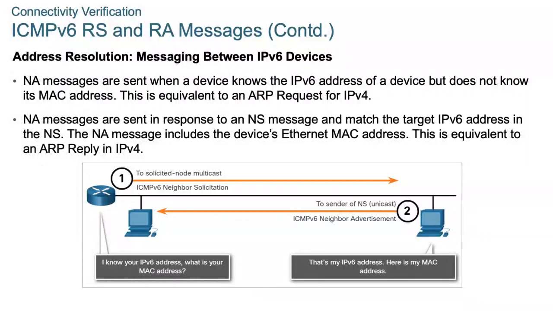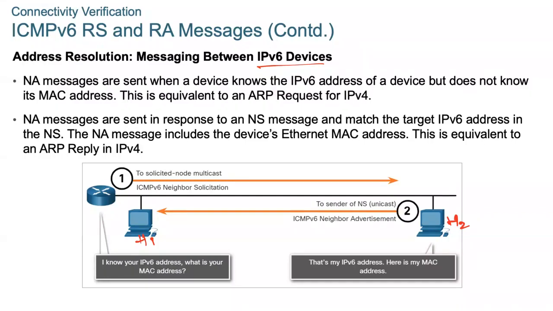So here, this particular issue will solve the address resolution. This address resolution will be solved by messaging between your IPv6 devices, that is your host 1 and your host 2. The NA messages we call the unicast messages.